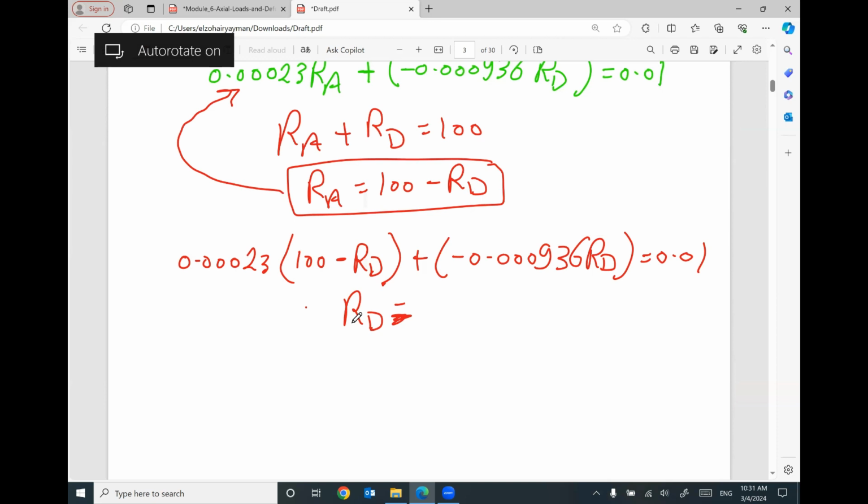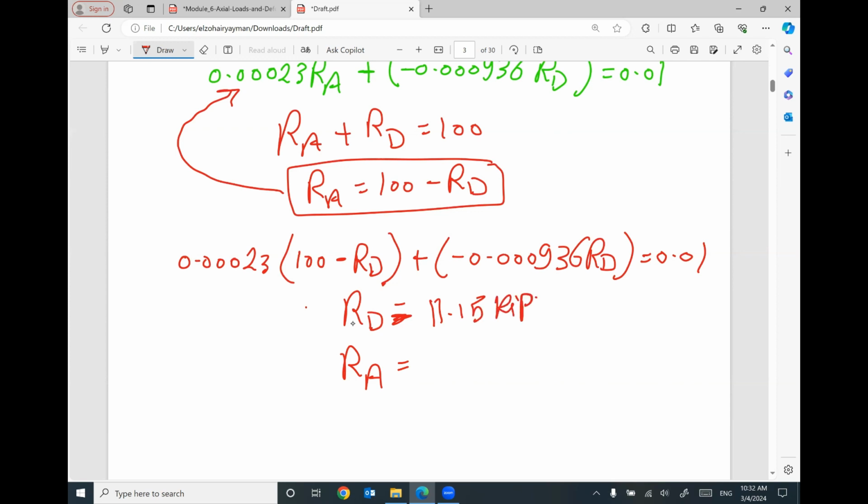Reaction at D and then reaction at A. So the reaction at D, I think, is 11.15 kip.